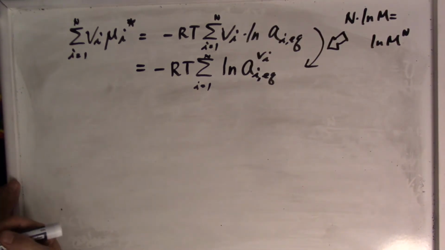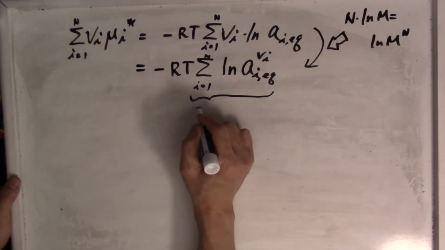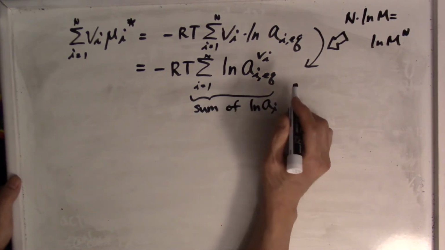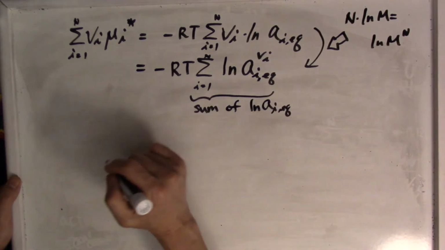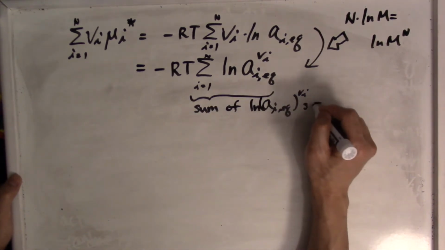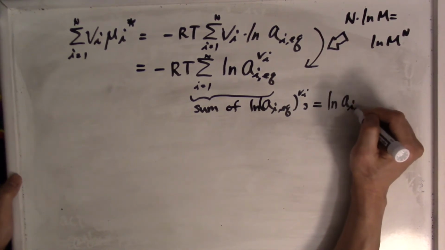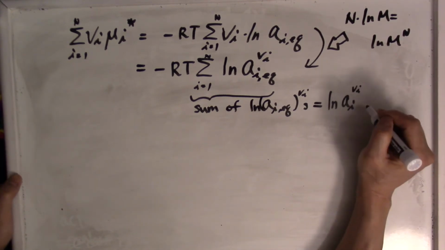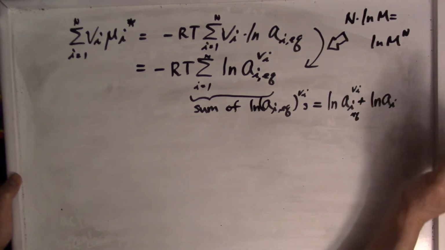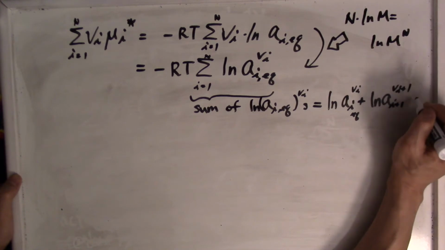Now, what do we care about? Remember, the interesting part is the sum of the natural log of a_i at equilibrium to the nu_i, which is the same thing as multiplying: natural log of a_i to the nu_i, plus natural log of a_(i+1) to the nu_(i+1), and so on.